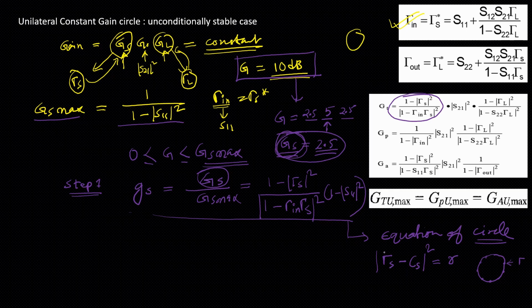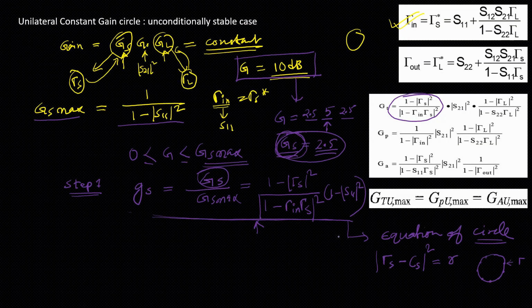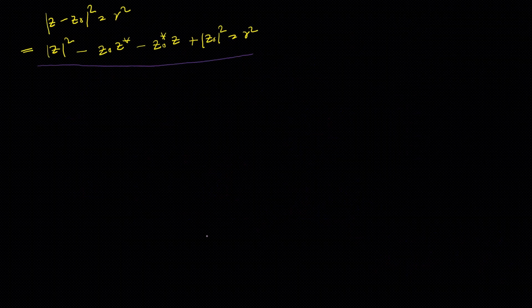If I do some mathematical manipulation and convert this equation to something like this, then I have done my work. I have derived the equation of the constant gain circle. So let's try to grow from here to here.